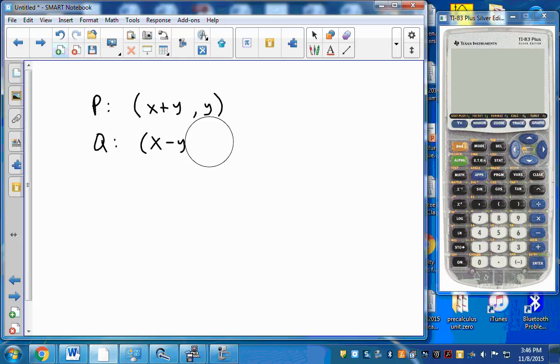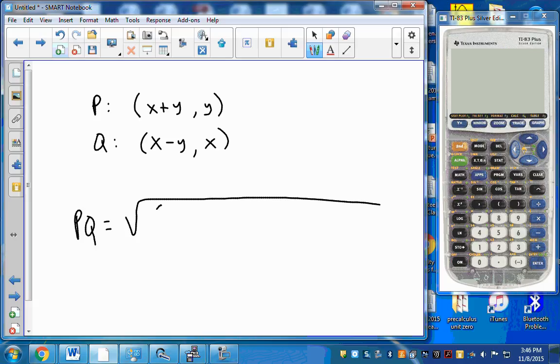That's the second pair. And the question is, how long is PQ? Okay. So we're going to subtract the x's and square them. And we're going to subtract the y's and square them. Now, when I said x's and y's, what I really should have been thinking was the first coordinates. Here's the first coordinates. So we're going to subtract those.